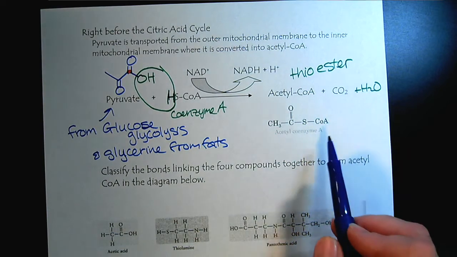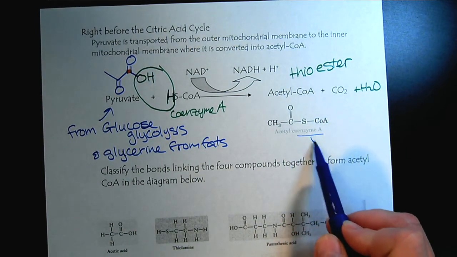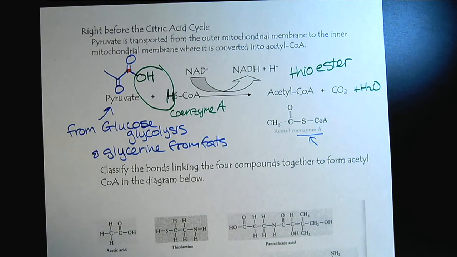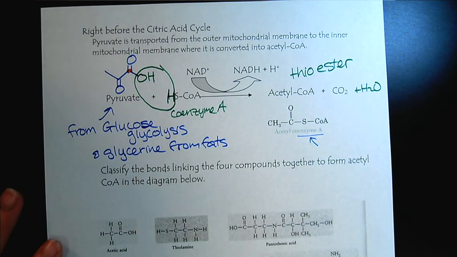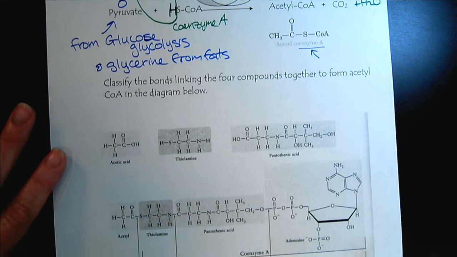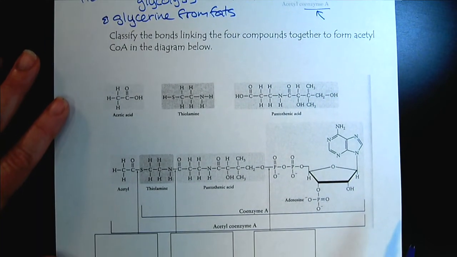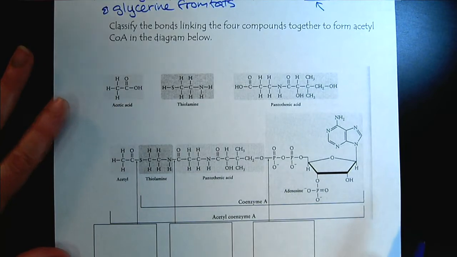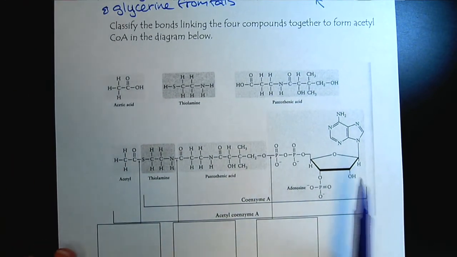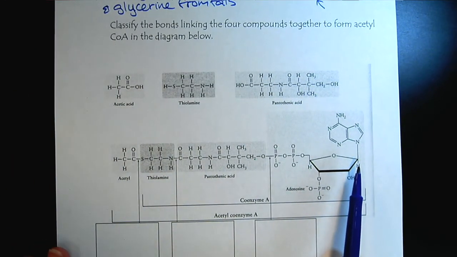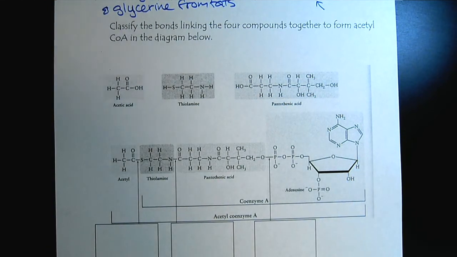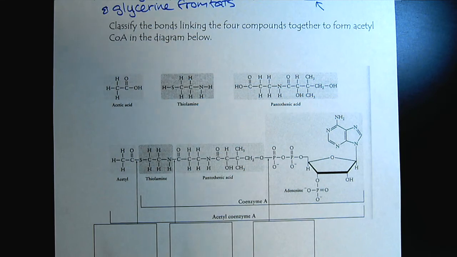All right, so this is the page where we look more closely at exactly what the structure is of CoA, coenzyme A. And once you see this, you'll know why we abbreviate it. It's a huge molecule. This is the entire structure for acetyl CoA. There are four primary pieces.